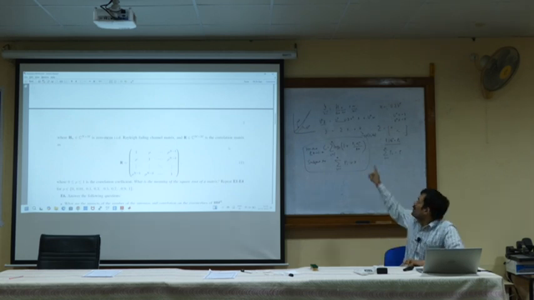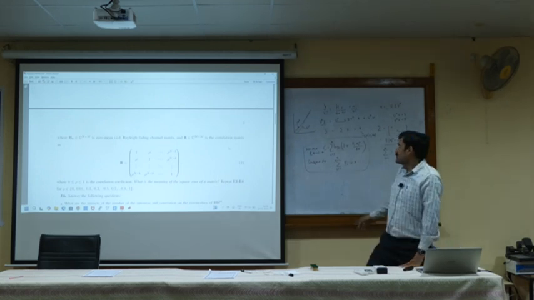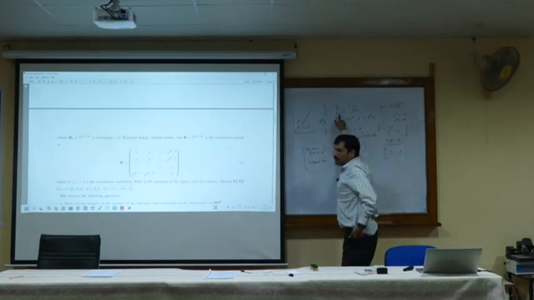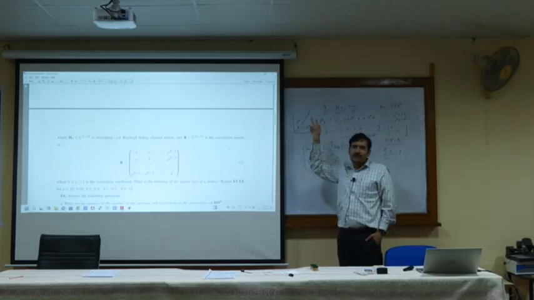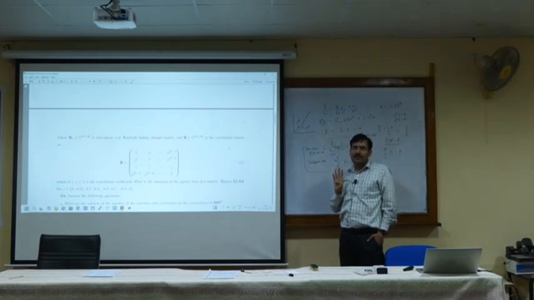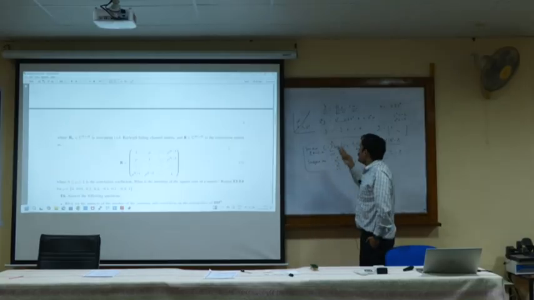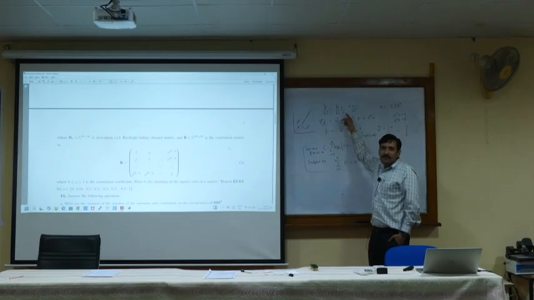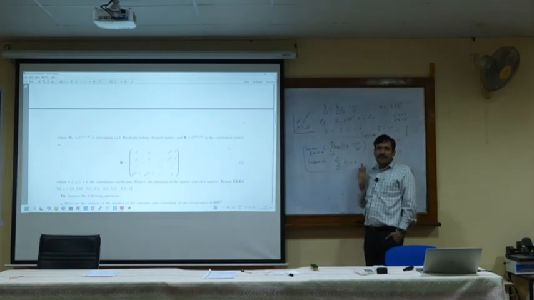Let's say we have a 4 cross 4 matrix, and 2 columns are the same. Its rank will be 3, because there are only 3 independent columns. If the rank is 3, we cannot transmit 4 streams; we can only transmit 3.